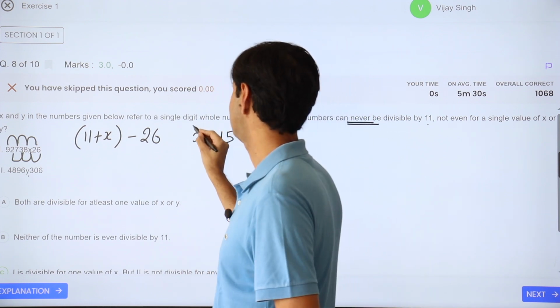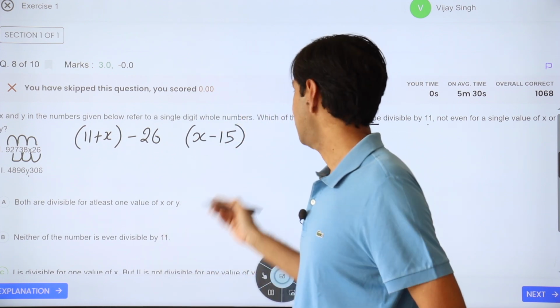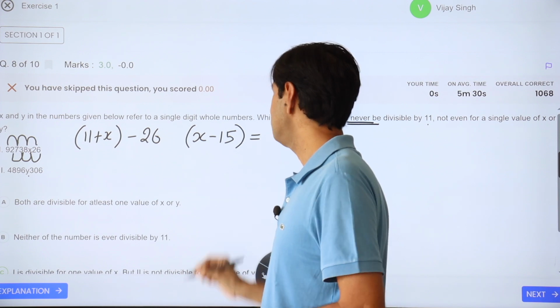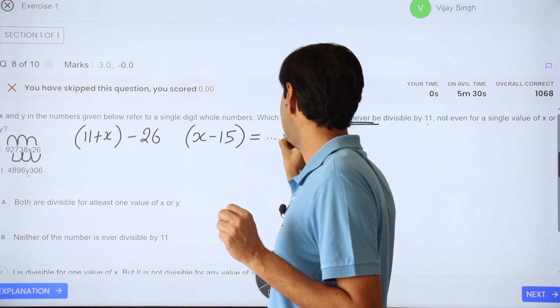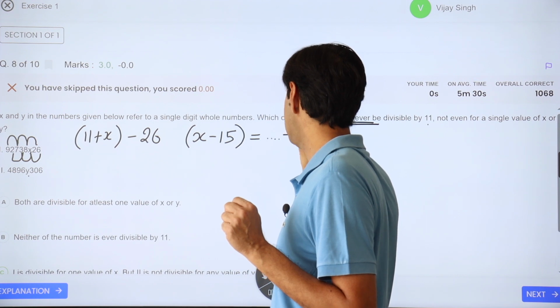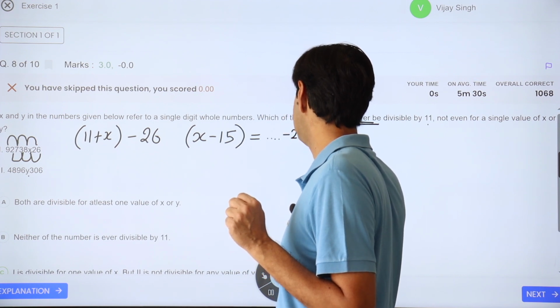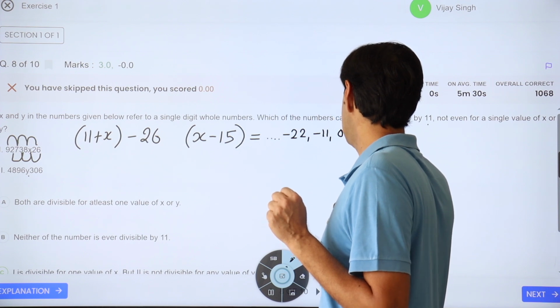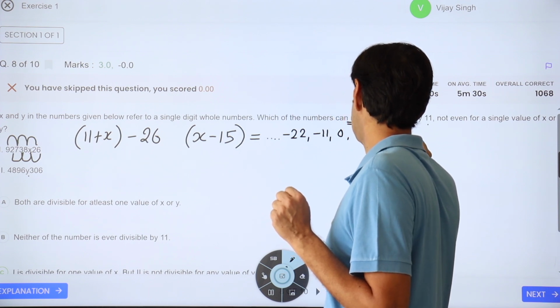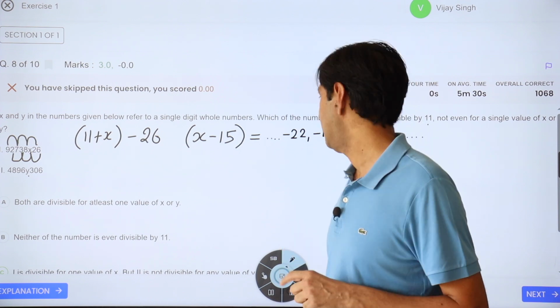So X minus 15. Now, this X minus 15, mind you, could be 0, but it could also be minus 11. Again, to err on the extreme side, I'll take it this way.